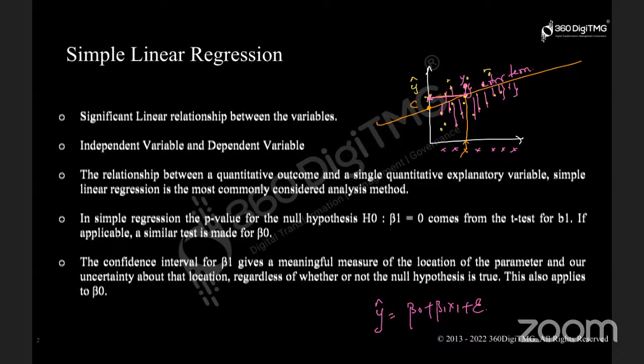The algorithm is going to give you the values which are nothing but your beta naught and beta 1. You are calculating your error term, and the best model here is the one giving you the best beta naught and beta 1, where you get this value nearly equal to your y.